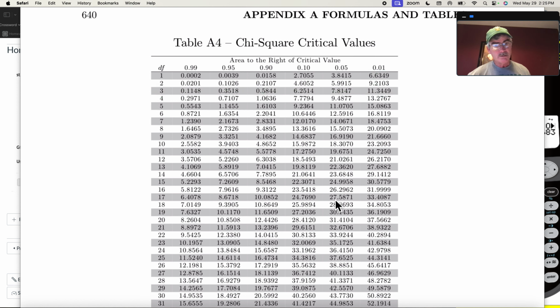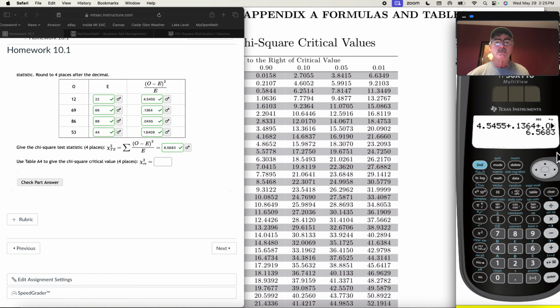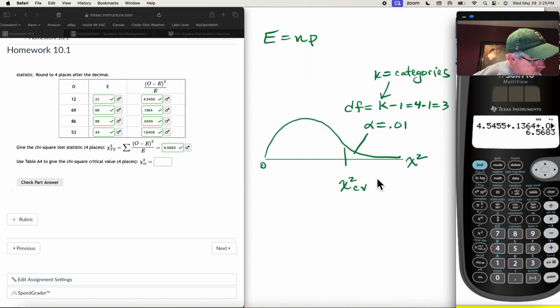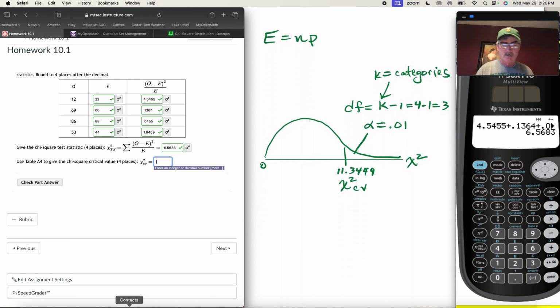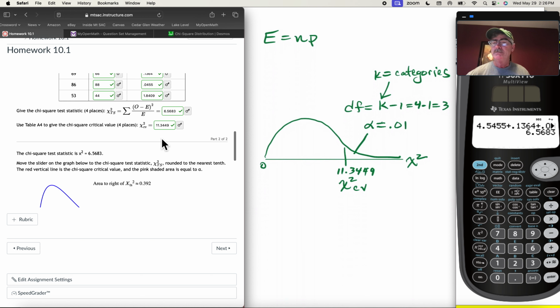So let me slide back here. And I'll just denote this 11.3449. Put it in here. We'll check our answer. Hopefully it's going to be okay. Looks good right here.